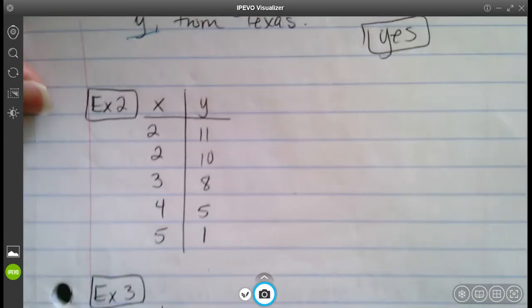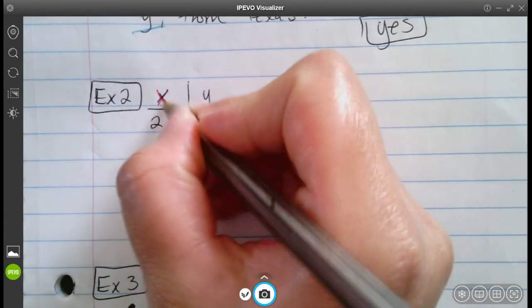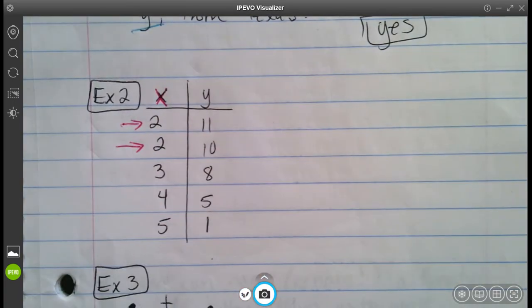Example number 2. Okay, we have a table. The tables, I think, are usually the easier ones to notice because right away we can see here on my x's that we have two of the same x values. So that means that two elements x from our set A, whatever that A is, are the same.